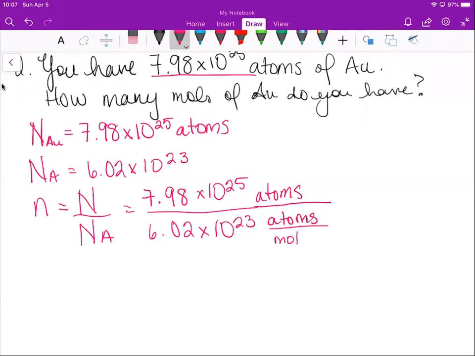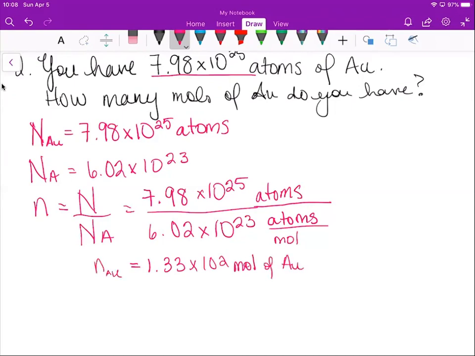It's not a molecule, it's not a formula unit, it's atoms per mole. Okay, so do it on your calculator. We have 7.98, and I get 1.33 times 10 to the 2 moles. So that's a huge number, but it's of gold. Everybody wants that.